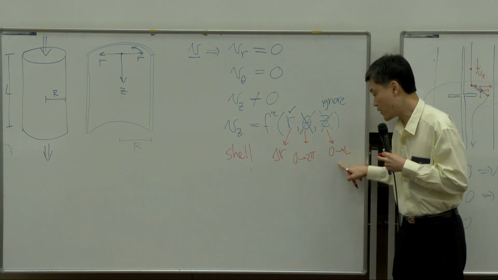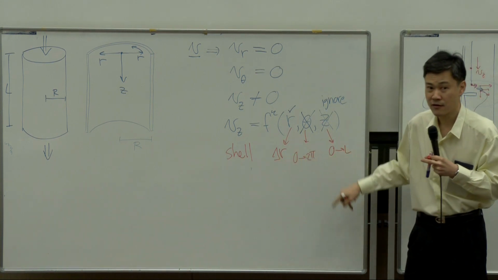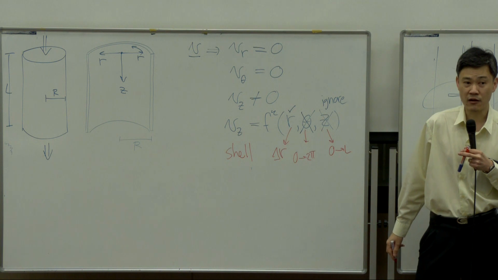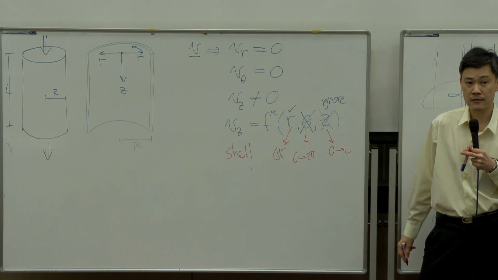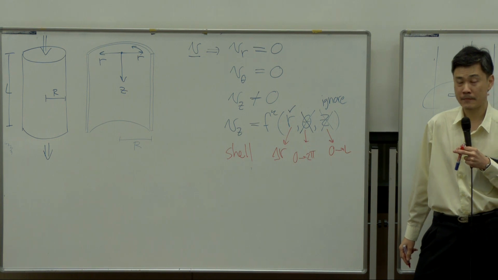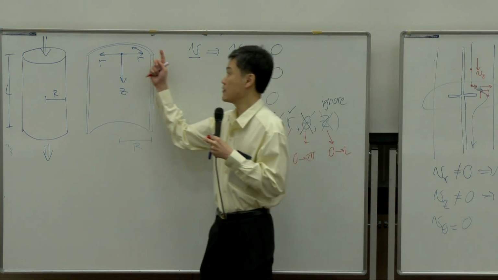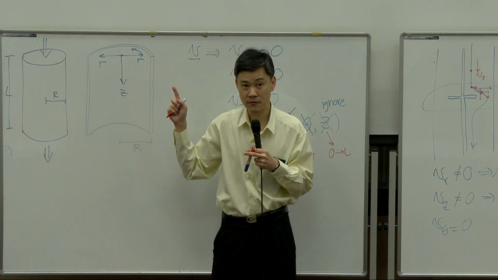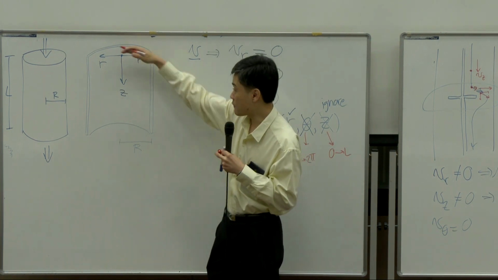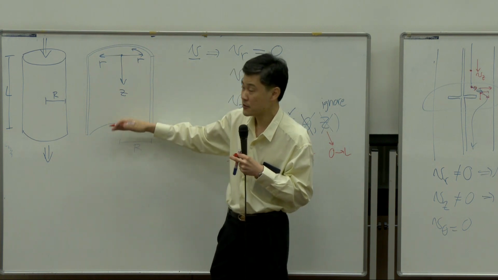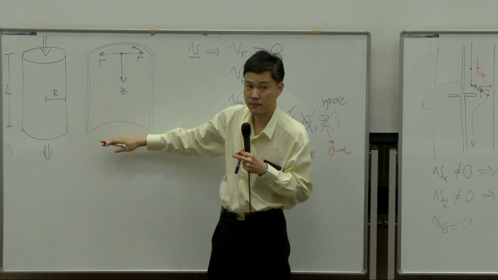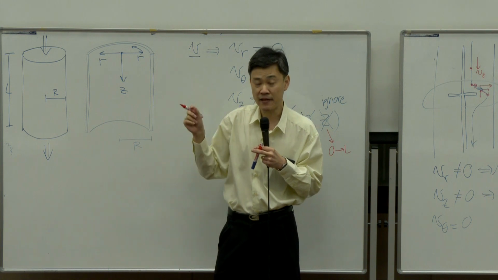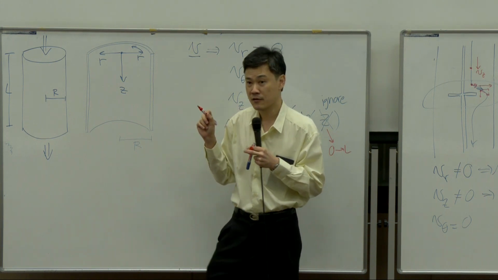According to all these red letters, what does the shell look like? It must cover 2 pi, so it must be cylindrical, right? It must cover the whole length of L, so it goes down from top to bottom. But it is thin in the r direction.